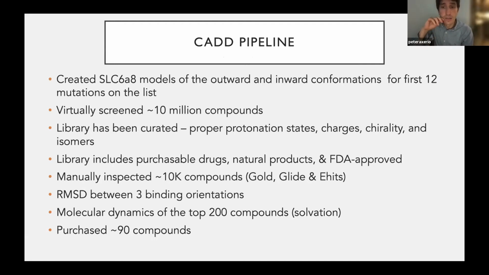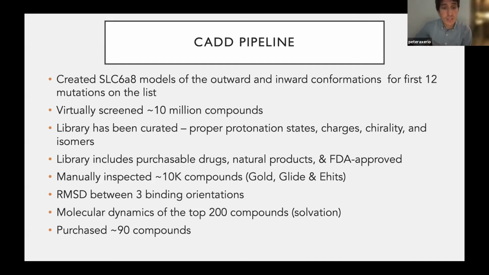So like I said, we use this curated database, and we dock the compounds into the models that we created. I tried to create both the outward and inward conformations of the protein, and see which ones are favorable and which are unfavorable.